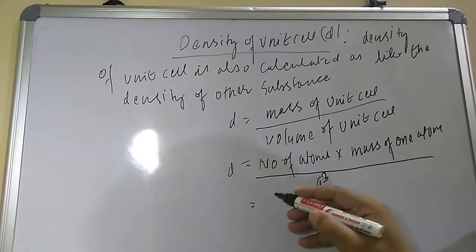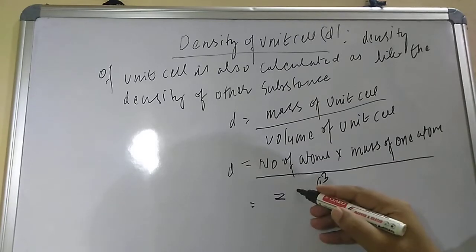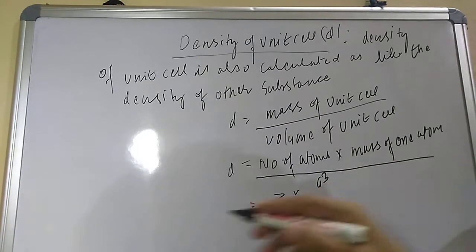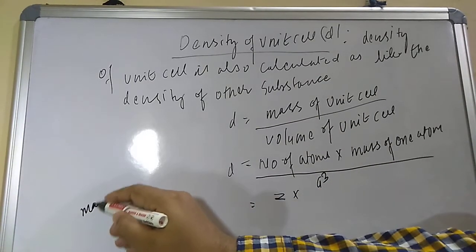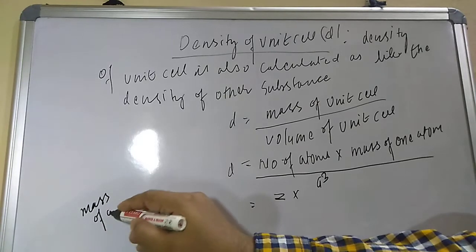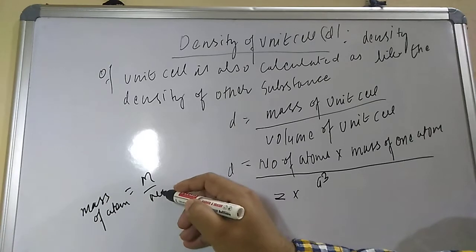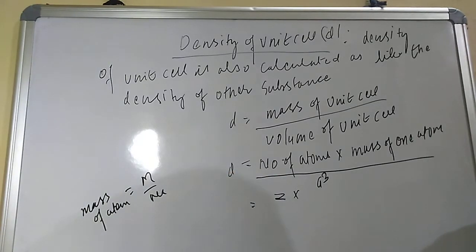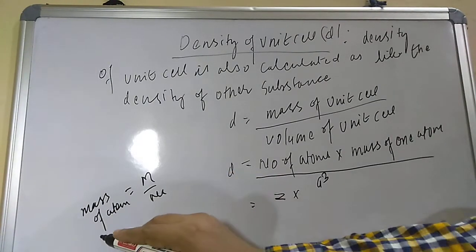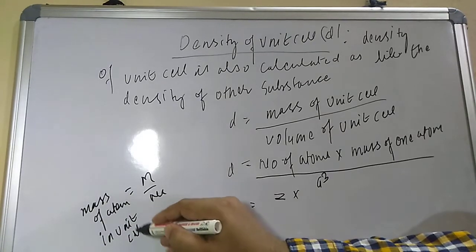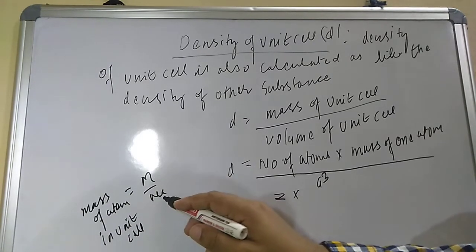Now the number of atoms is Z. And for the mass of atom, we know that the mass of an atom is capital M by Na. Mass of atom in unit cell has the relation M by Na.